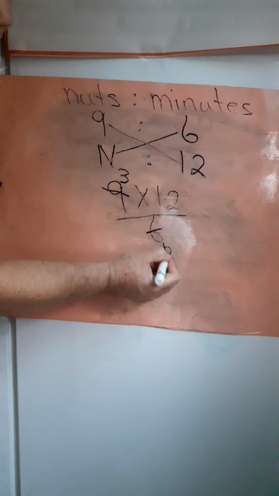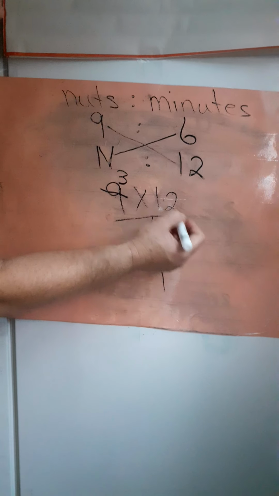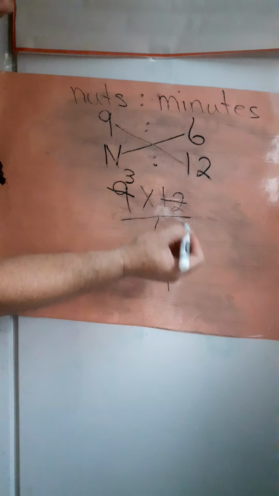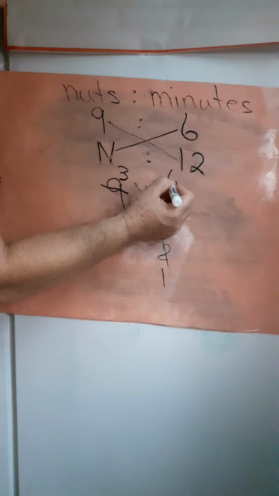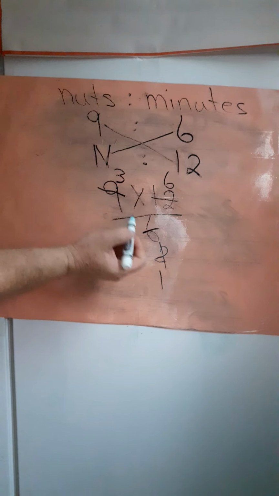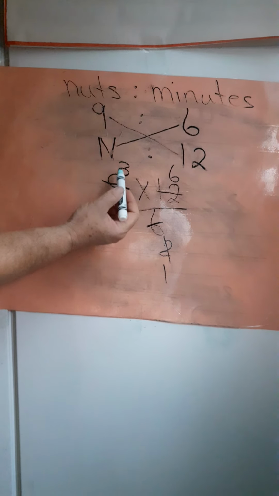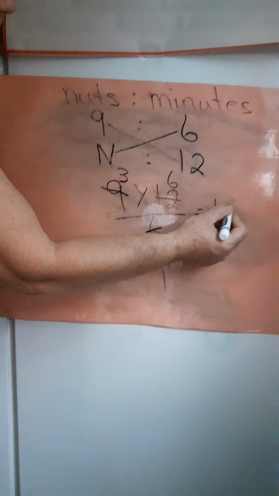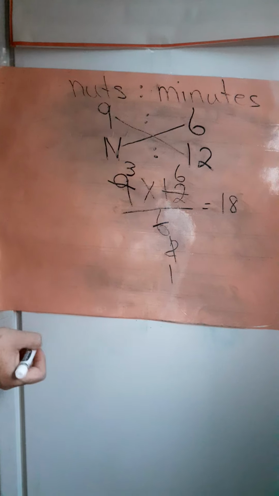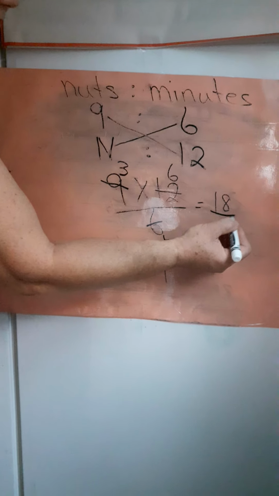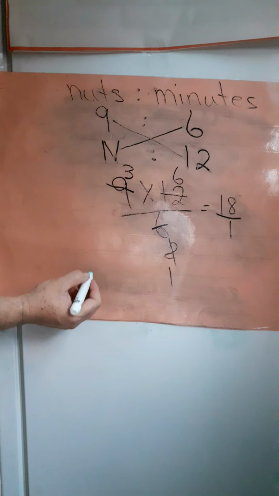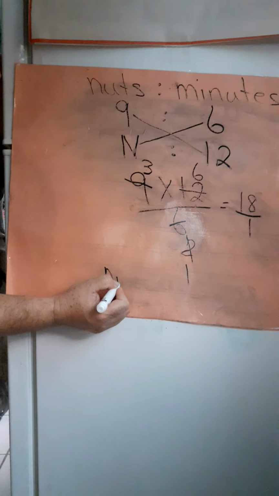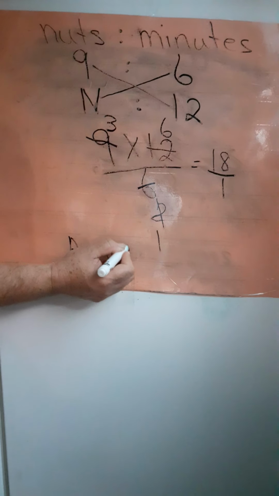So we say 2 into 2 is 1. 2 into 12 is 6. Okay? Now we multiply the numbers on top. 3 times 6 is going to be 18 over 1.